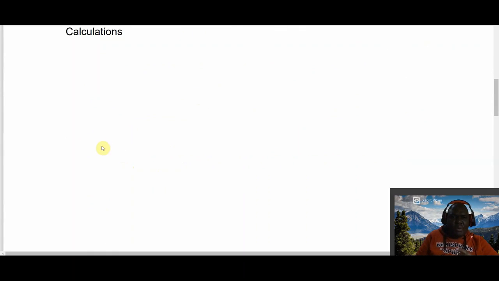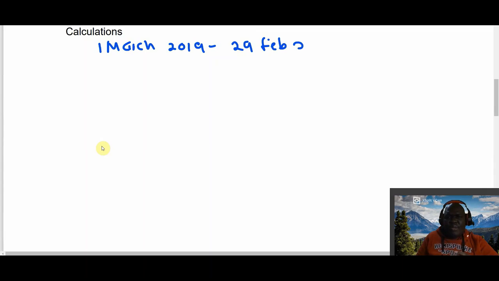So now we know that our financial period is from 1 March 2019 to 29 February 2020. This actually occurred during the leap year, so meaning that we had 366 days instead of 365. But then let's leave that.